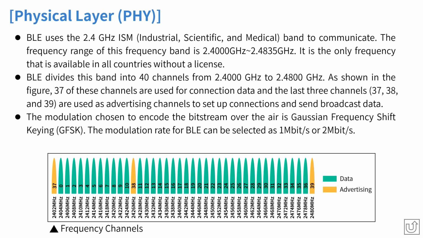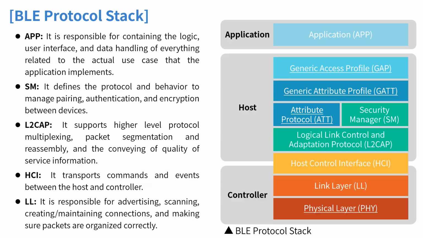Channels 37, 38, and 39 are not three consecutive channels, and their frequencies differ greatly. In this way, the probability that the three channels are interfered at the same time is very low. The modulation chosen to encode the bitstream over the air is Gaussian frequency shift keying. The modulation rate for BLE can be selected as 1 megabit per second or 2 megabits per second.